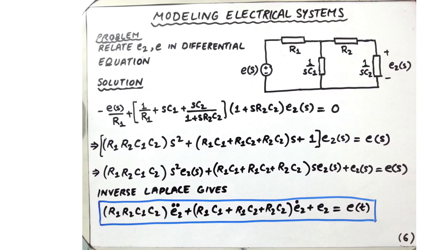So now we can obtain the differential equation as required in the question, and here's the differential equation. We have arrived at this differential equation rather indirectly. We have first developed the Laplace relationship between the quantities E and E2, and once we have that relationship, we applied inverse Laplace to arrive at the following differential equation.